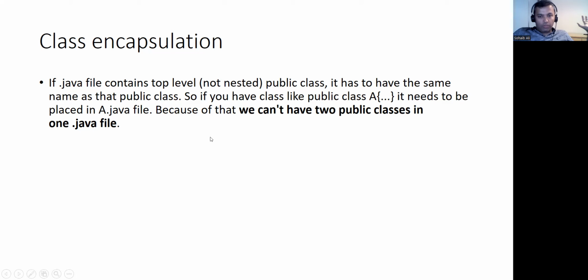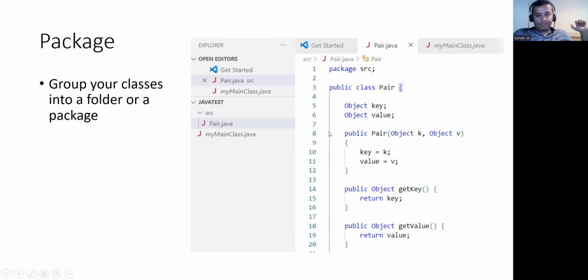So for example, if you have a.java, it should contain the class which is also named a. And you cannot have two public classes in a single Java file, because then, how would you name that Java file if it has two public classes? So your Java file should contain a single public class at most.